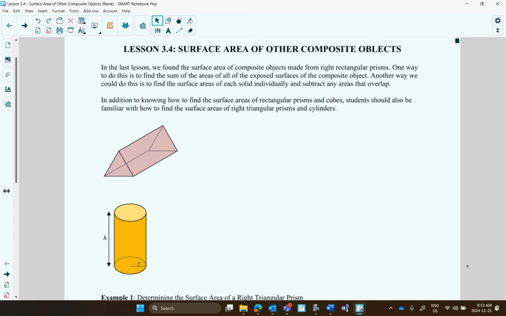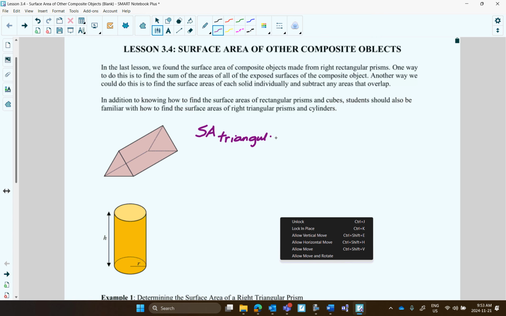Now, there's really no specific formula for the surface area of a triangular prism, but I'll say it like this. The surface area of a triangular prism.